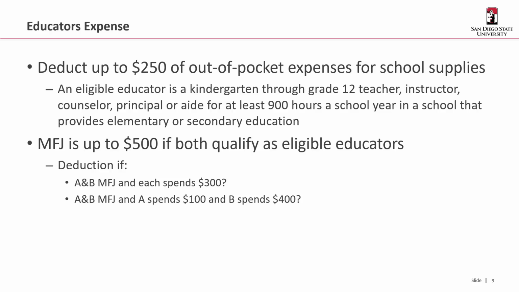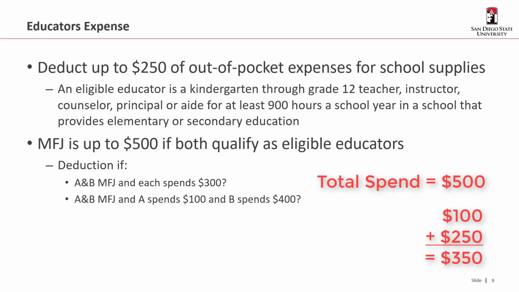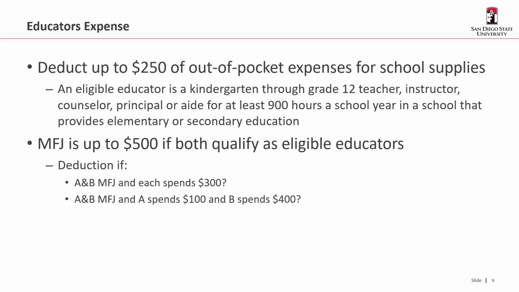So if A and B are married filing joint and A spends $100 and B spends $400. Well, this is interesting because under the tax law, their deduction collectively is $500. However, because A only spent $100, A can only include $100. B spent $400 but is limited to $250. So A and B's joint deduction for educator's expense would only be $350, not $500.